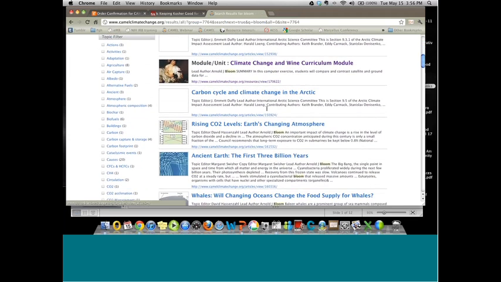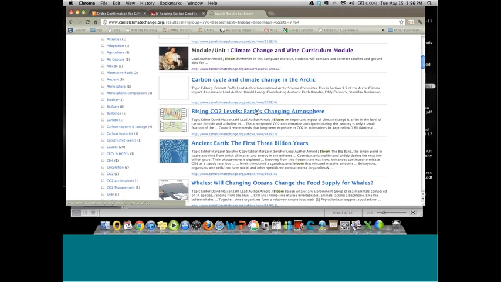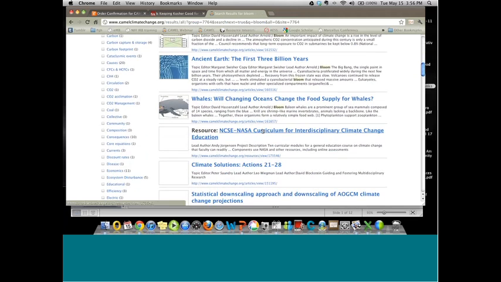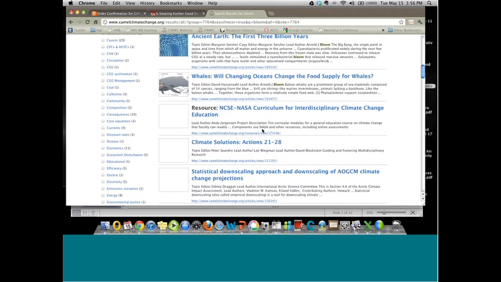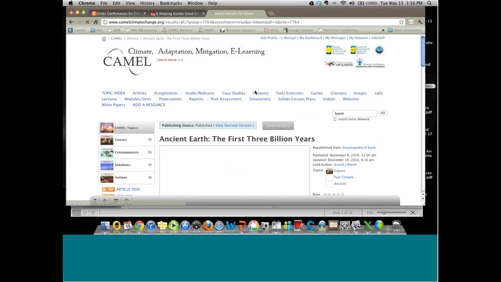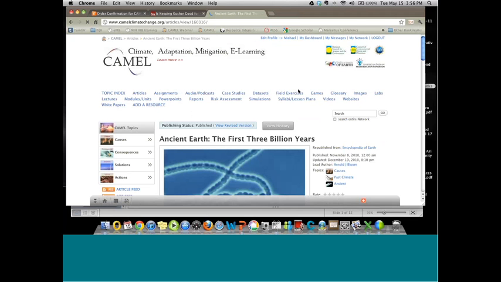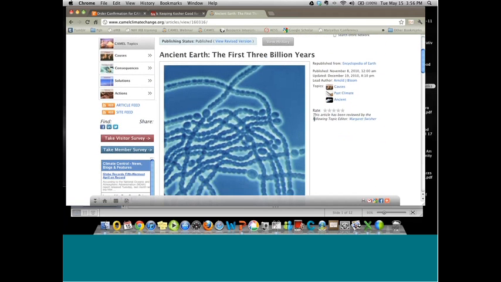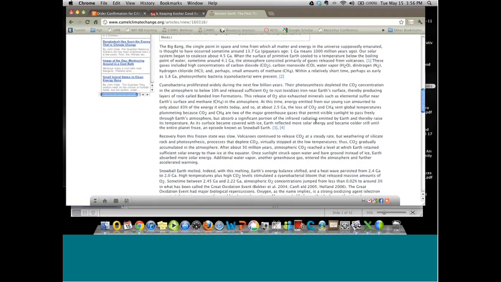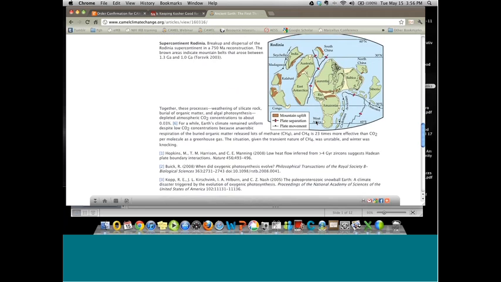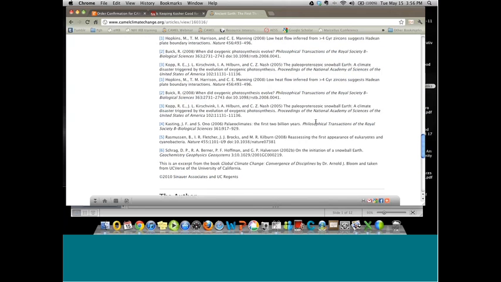Ancient Earth, the First 3 Billion Years, I think that's probably an excerpt from his book. So if one searches on Bloom, you'll find segments. A large part of his book is in this. If you go to the bottom, I'm not sure he has a reference to the actual ISBN for the book, but much of it's taken from there.